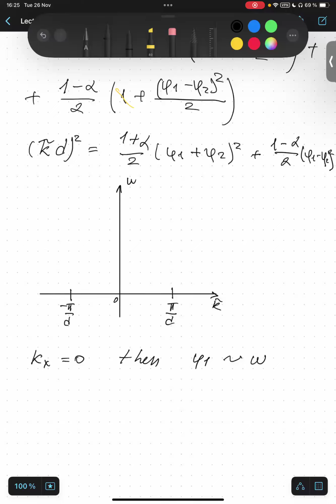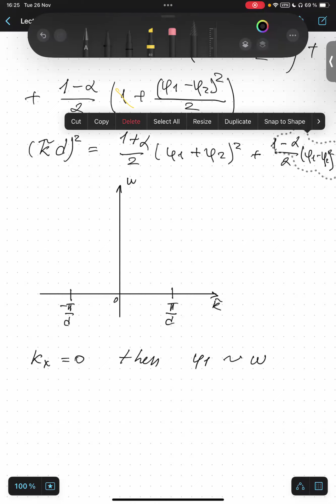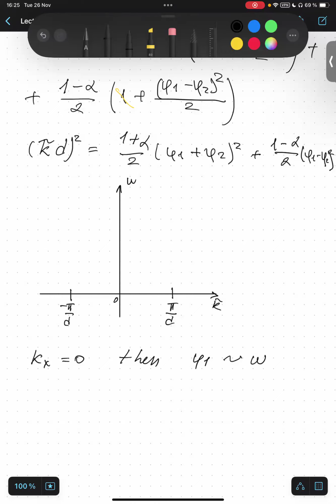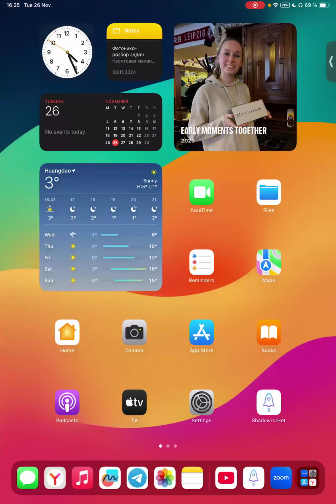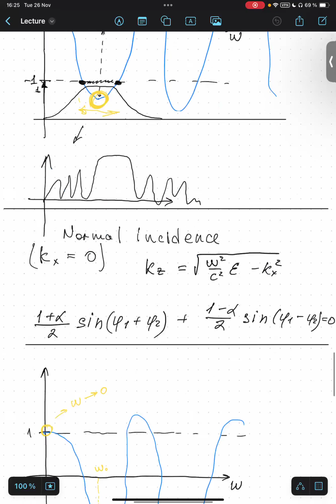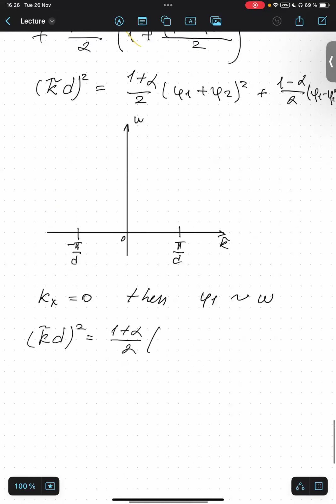And we can actually rewrite it. Squared plus alpha phi2 phi1.